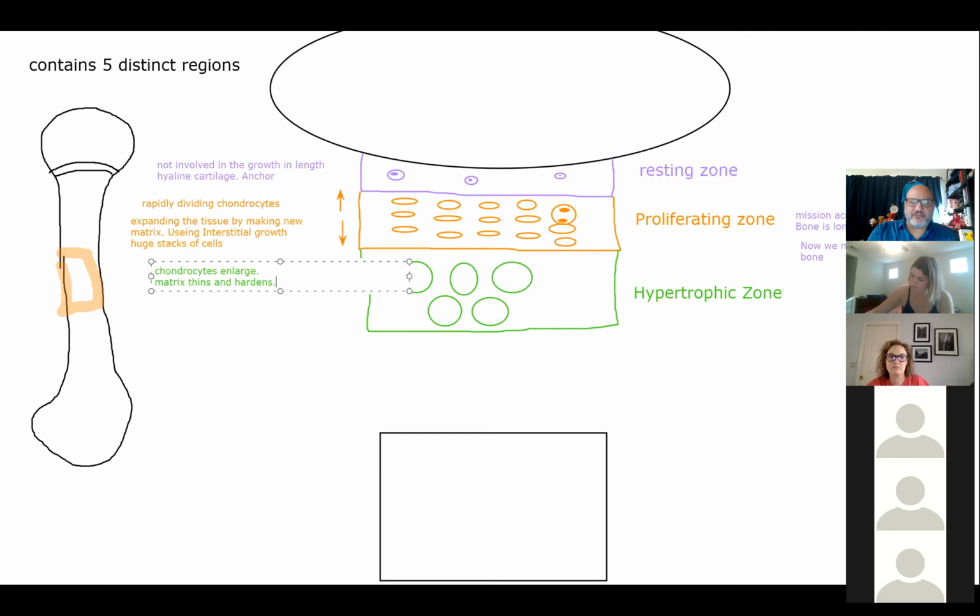And when that matrix thins and hardens, so let's hold on, let's cheat. Put my big, large chondrocytes inside of this. And as you guys pointed out, when that matrix thins and hardens, our chondrocytes end up dying.